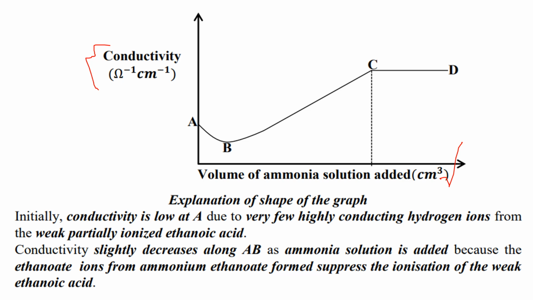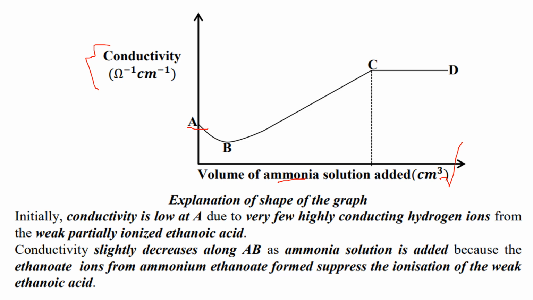So remember that here your conductivity is initially lower because you are at point A, and you have not added any ammonia solution. That means you have mainly your weak acid, which is ethanoic acid, and weak acids partially ionize in solution to give very few hydrogen ions, or very few fast-moving ions, in solution.